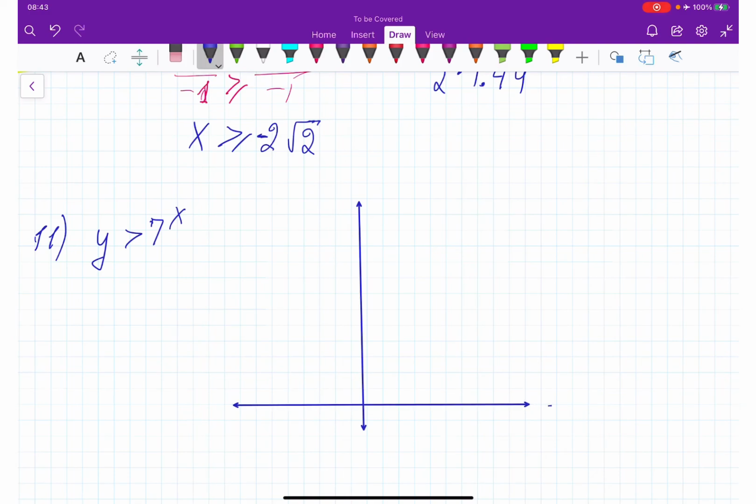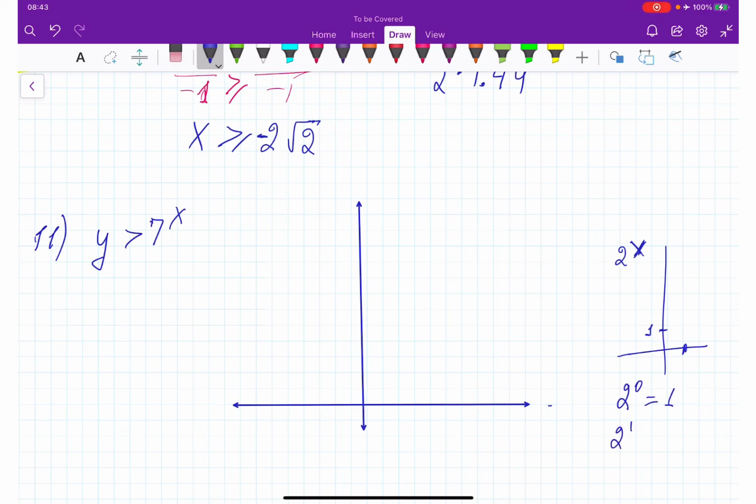Okay, so how am I going to graph 7 to the power x? I know that for 2 to the power x, when x is 0, it's going to be 1. It's going to go through 1, like this. 2 to the power 0, when x is equal to 0, is equal to 1.